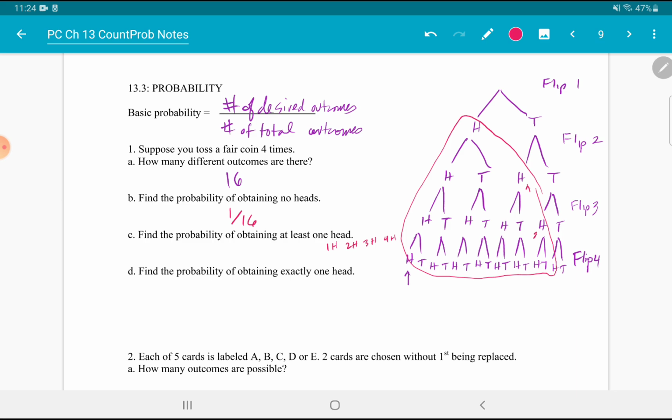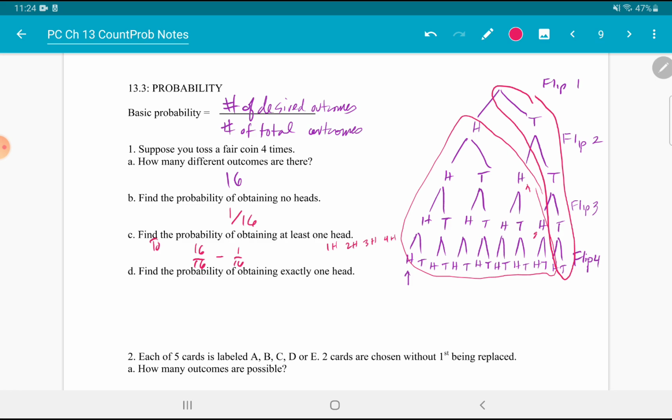And so if we know that there's a total of 16 out of 16 for the entire set of total possible outcomes, and if we knew that there was only a 1 in 16 chance of getting all tails, we can really just subtract the two from each other.